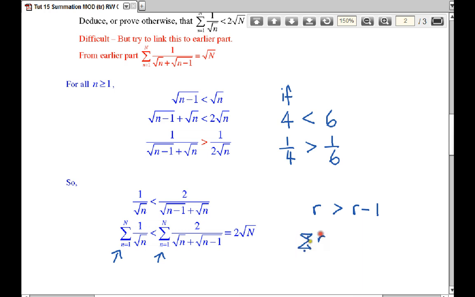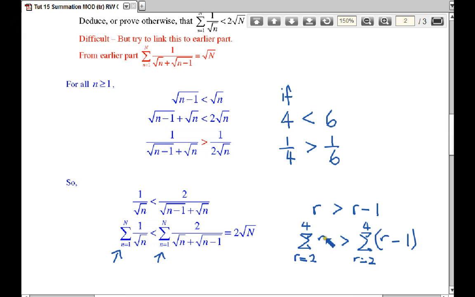summation r equals 2 to 4 is greater than summation r equals 2 to 4 of r minus 1. I think it makes sense, right?